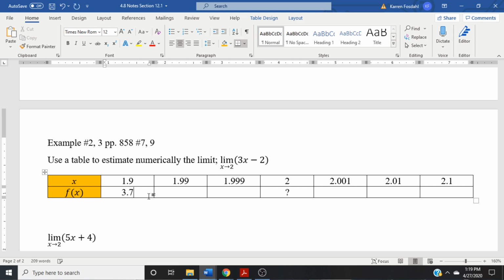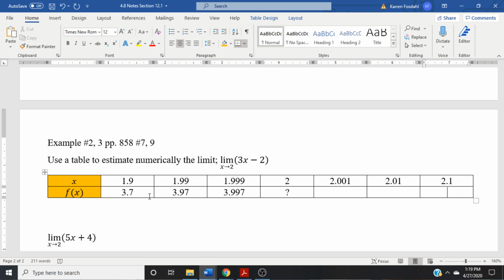The next one, plug in 3 times 1.99 minus 2, 3.97. Then plug in 1.999, times 3 minus 2, and I get 3.997. Now, normally you'd be able to predict what this is getting close to. But it has to approach from both sides. So we do it with both sides.